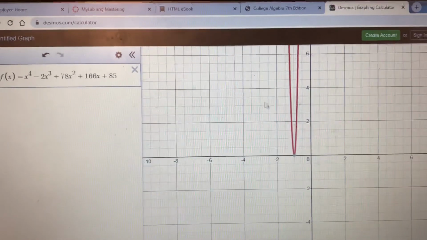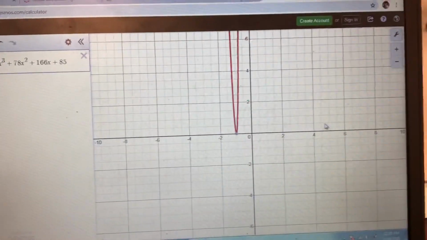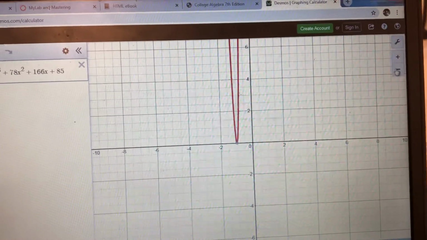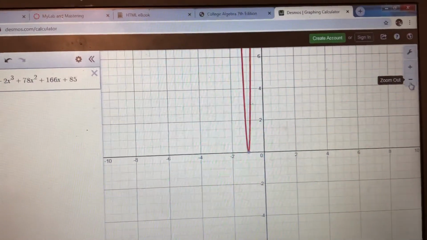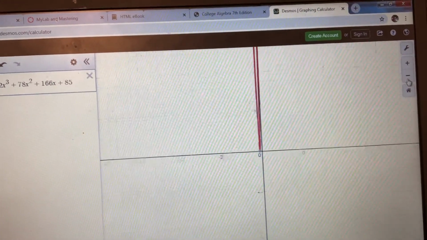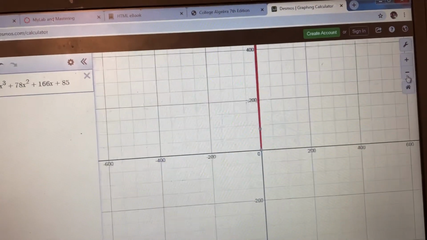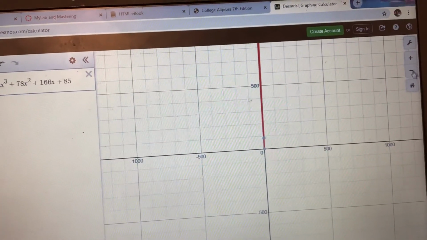Well, that's not much to look at. I wonder if there's more to this graph that we can't see. Let's zoom out. We're zoomed so far out that it just looks like a big stick hitting the ground.